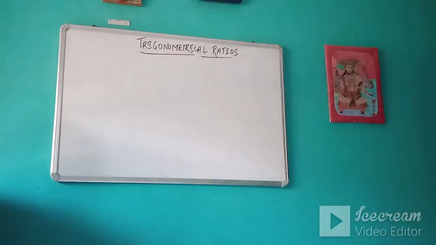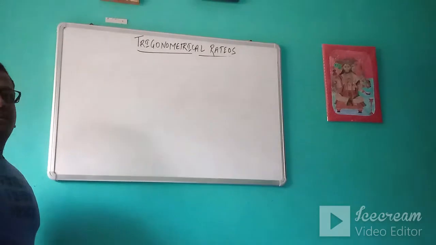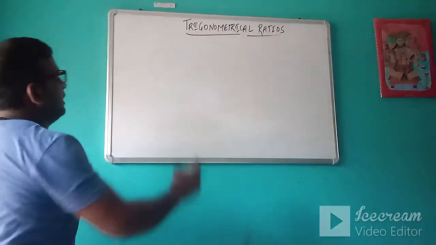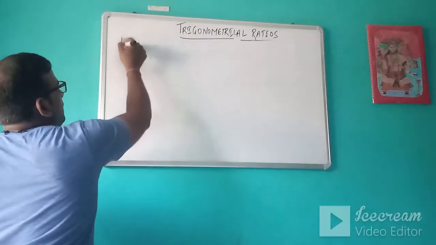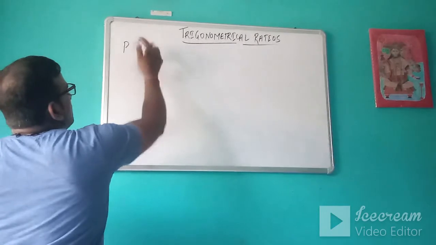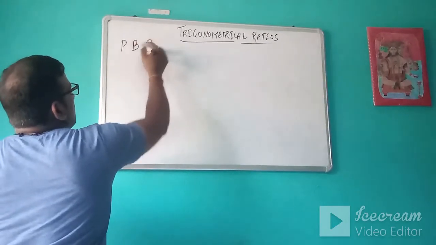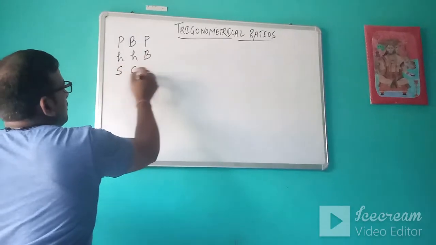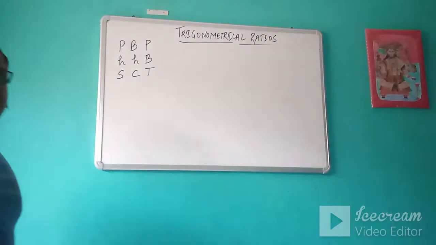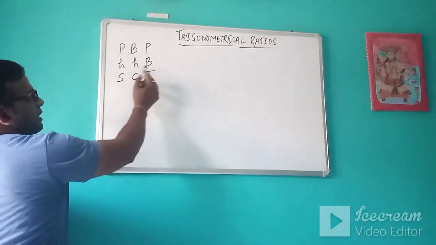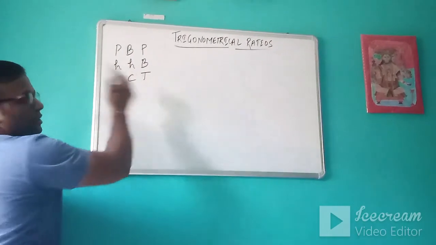Okay, so now we have studied all the 6 trigonometric ratios. Now here is a tool you can use to remember the formulas. How can you remember this? You can remember it like this: Pandit Badri Prasad har har bole sona chandi tol.